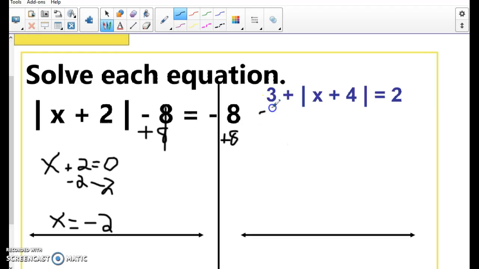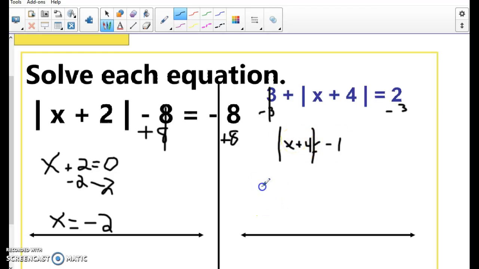In this one, it says a plus 3 here, so I'm going to subtract 3. I end up with the absolute value of x plus 4 equals negative 1. And this is going to be a no solution problem, because it doesn't matter what I put in for x, there's no way I'm going to get negative 1 in an answer when I take the absolute value, because the answer for everything in there is going to be positive.